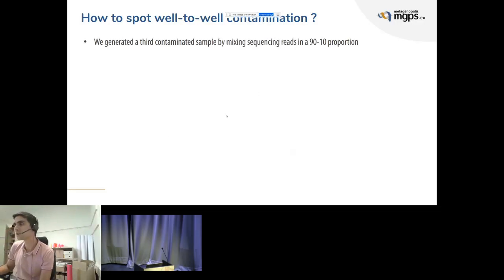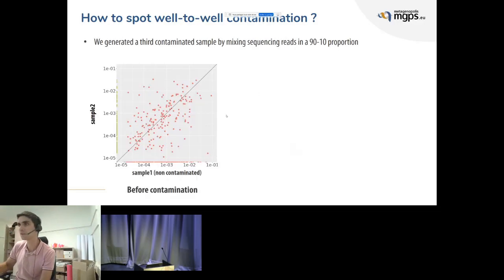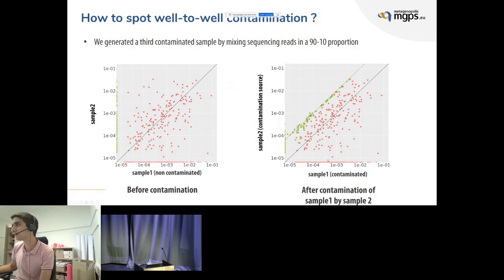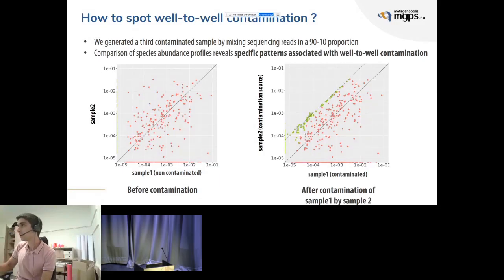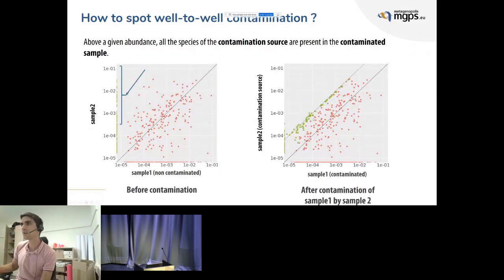Then we can generate the taxonomic profiles again. So here is what's before contamination, what I showed you before, and here is what we can see after contamination. As you can see, there are specific patterns that emerge. First, we can see that above a given abundance, all the species from the contamination source are seen in the contaminated samples, because there are no more species on the y-axis here.